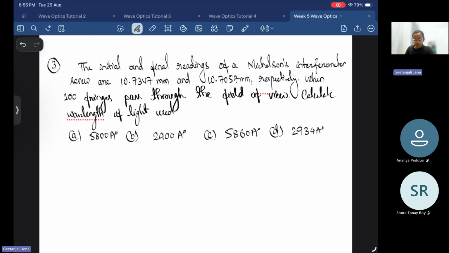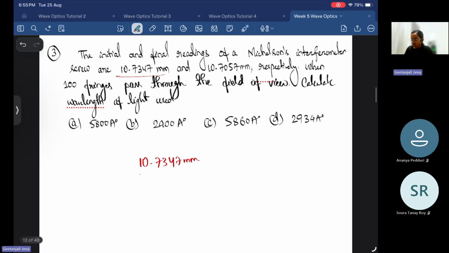Question number 3. It's given the initial and final readings of a Michelson interferometer screw. This is the initial reading, 10.7347, and another reading is 10.7057.